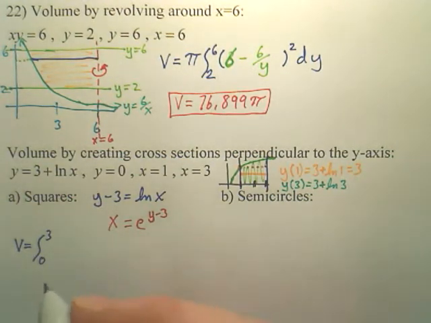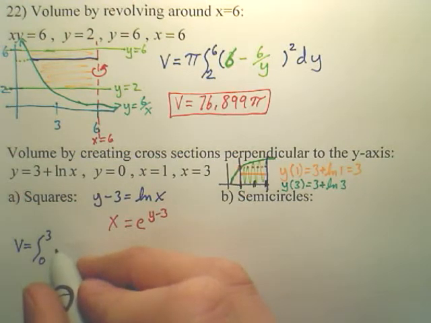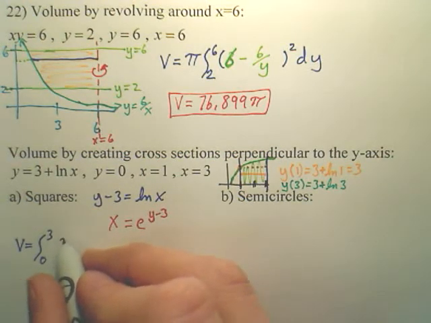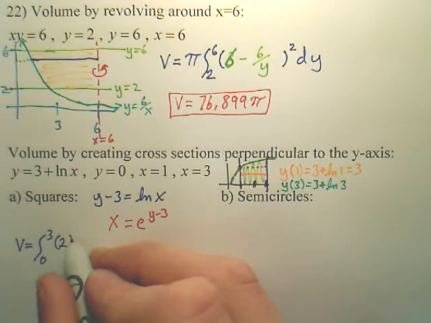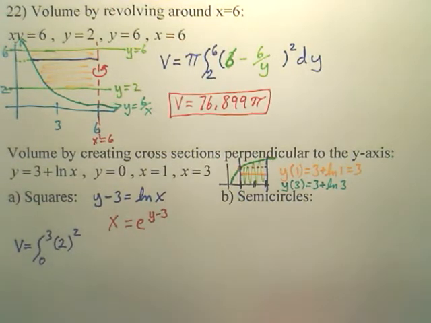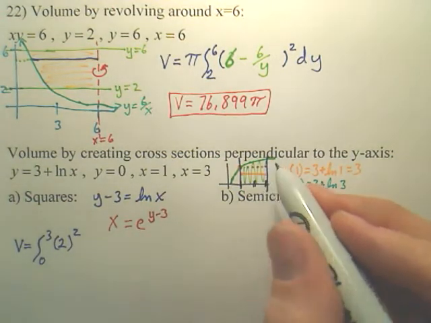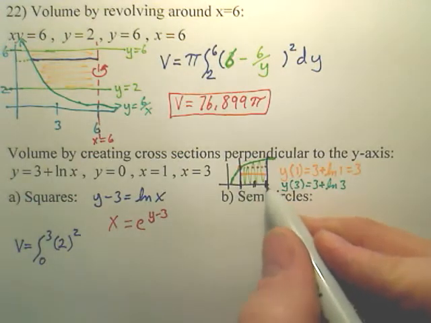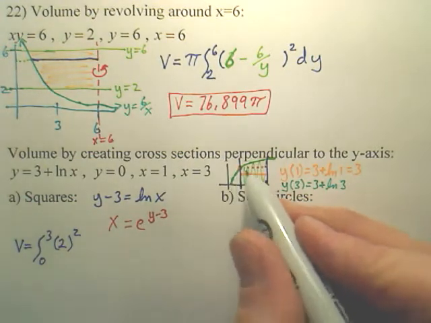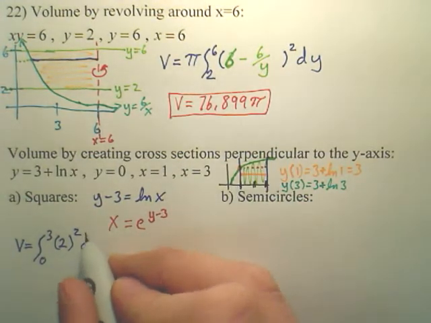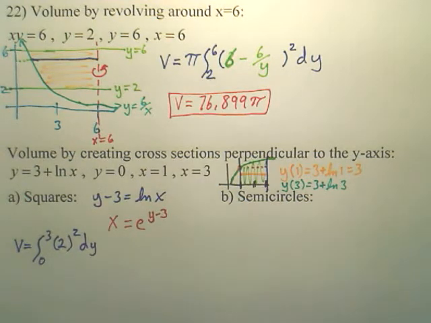So my base is simply going to be 2. And aren't I squaring it? If my base is 2, aren't I going up 2 as well? So for this, am I going to go over 2 and also up 2 to make a square? And isn't this dy? That's my first piece.